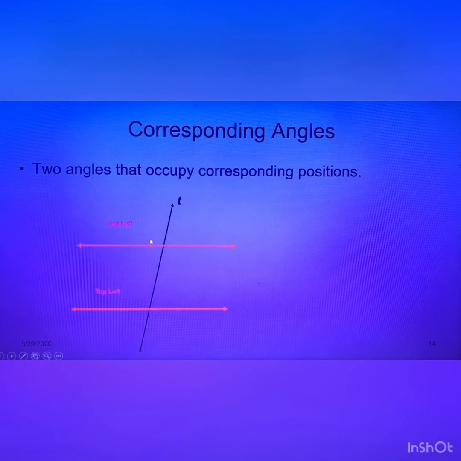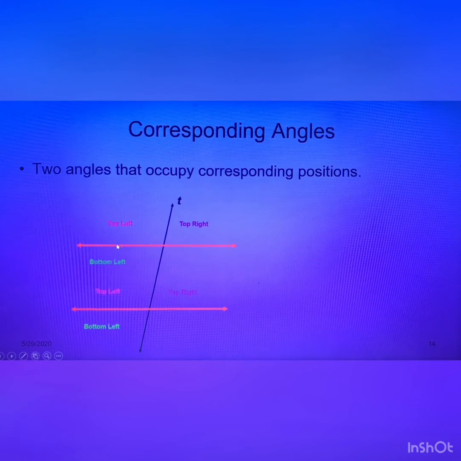So this angle and this angle are known as corresponding angles. Clear? After that, this is the top right part and this is the top right part of these two lines. So these are also corresponding angles.